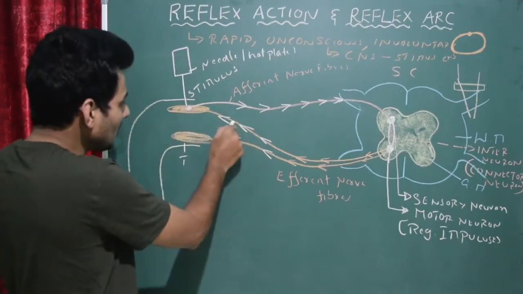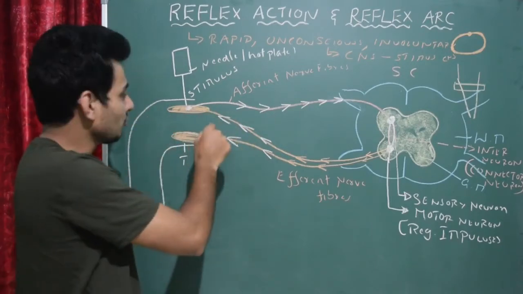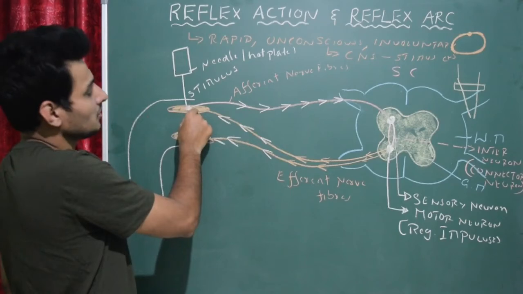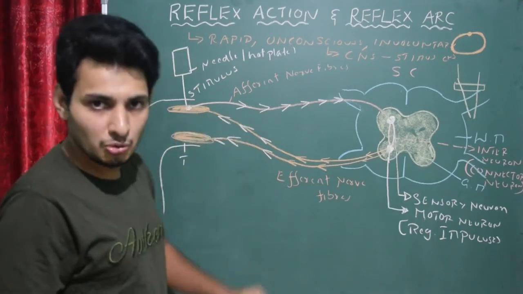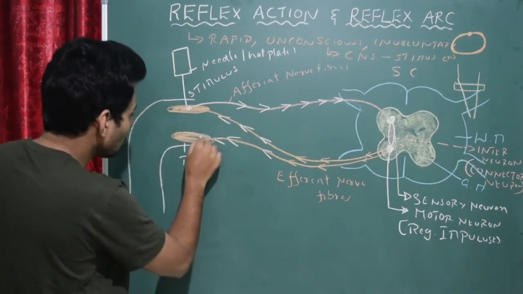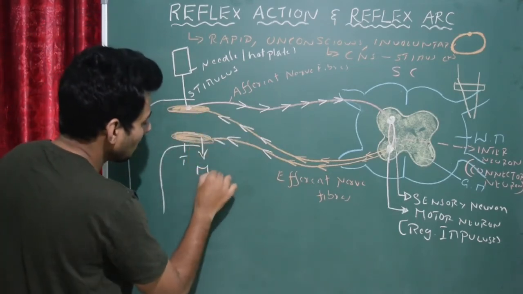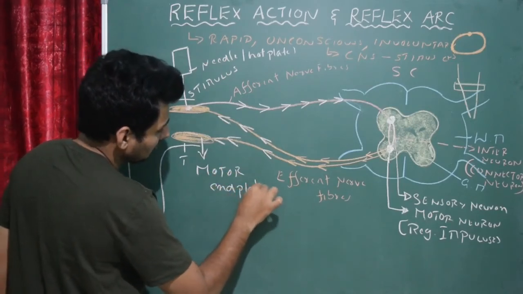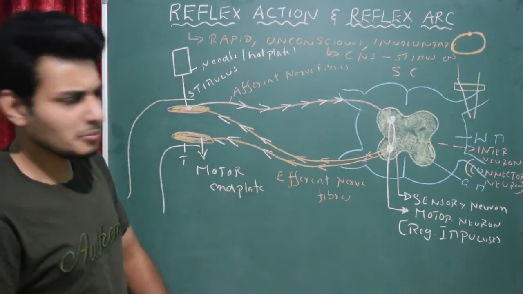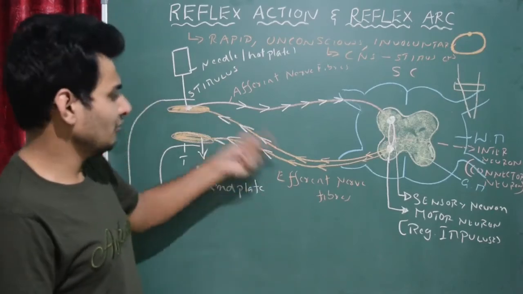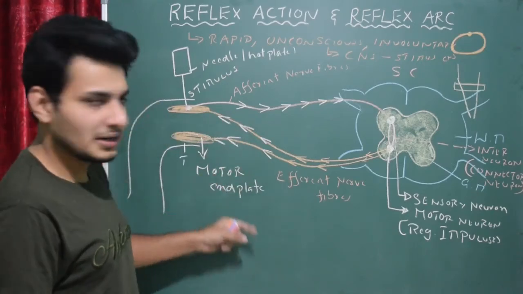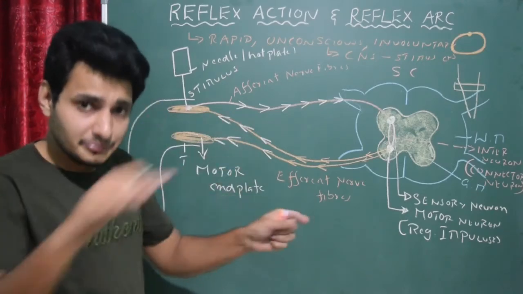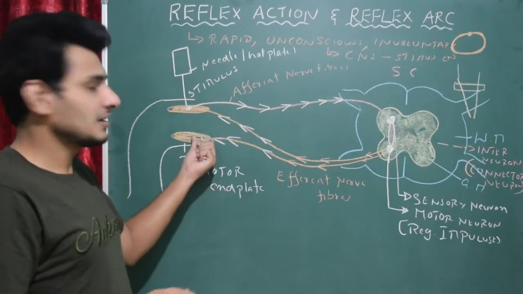Got it? At the same time, another effector nerve fiber attached to this muscle also helps to move the entire muscle, because here we have the motor end plate. So what is the motor end plate? The motor end plate is nothing but the end of the effector neuron. This motor end plate is connected to the sarcolemma of the skeletal muscle.